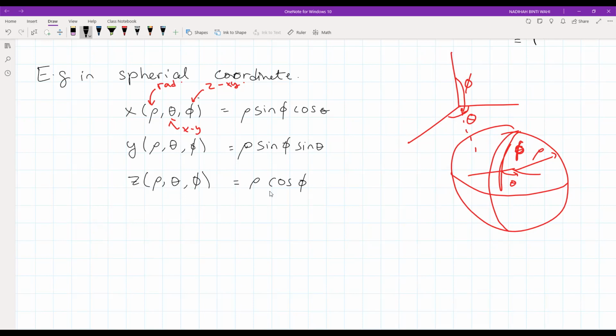Okay, now we want to find the equation for the triple integral. Before that, we need to find the Jacobian.